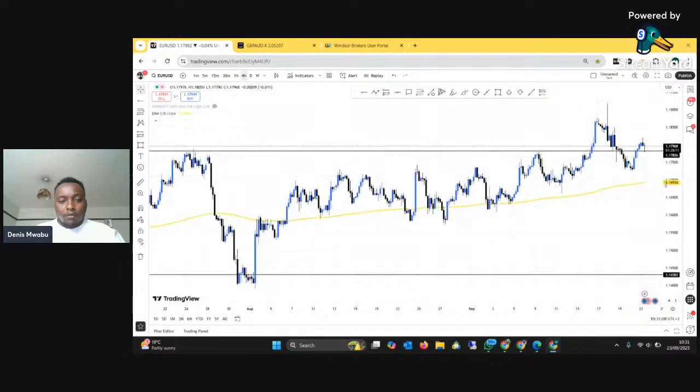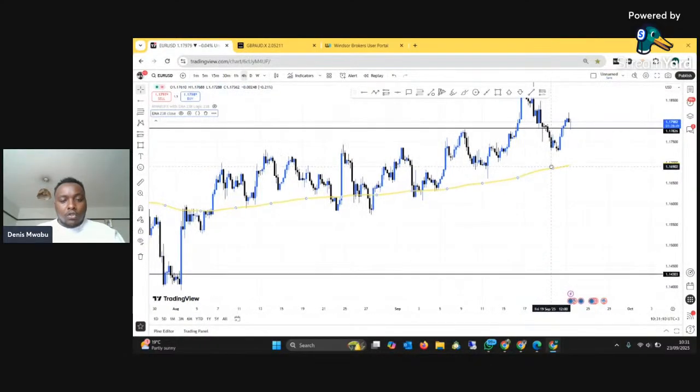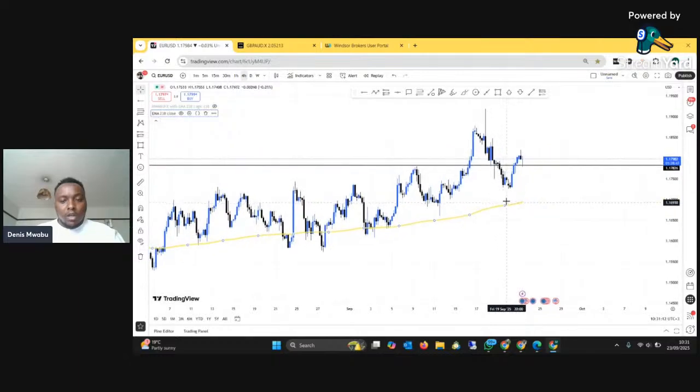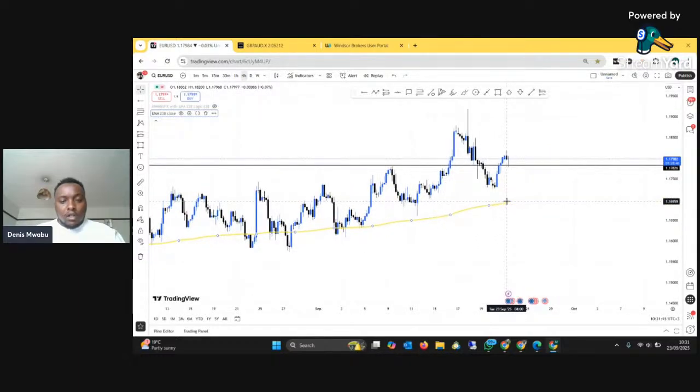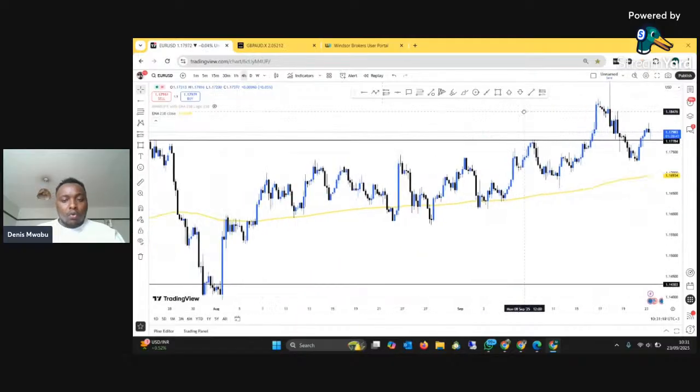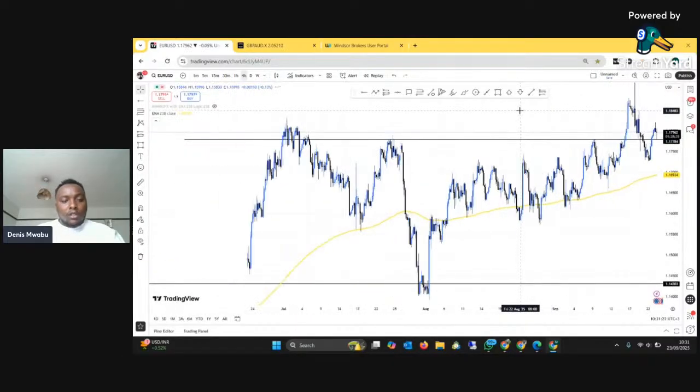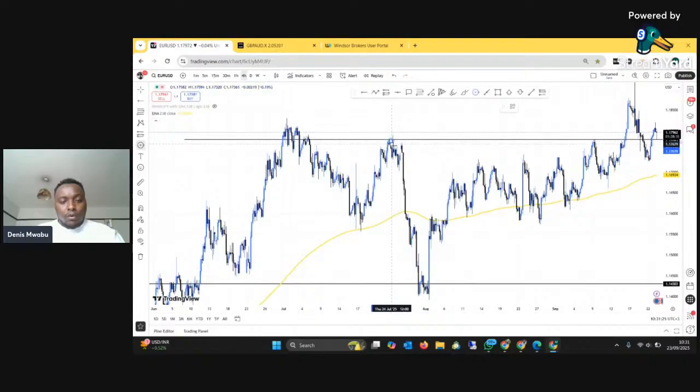On the 4-hour time frame, we're just looking at special areas, guys, areas of concern, areas of interest. So now this area here, you see price was able to tap on this particular zone.